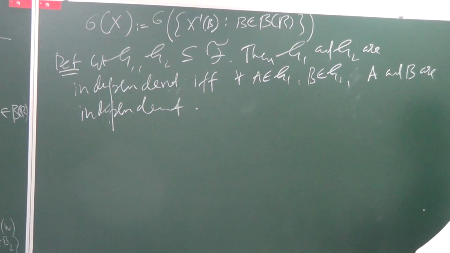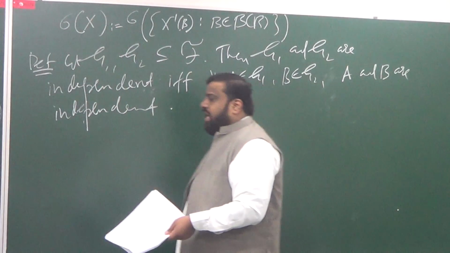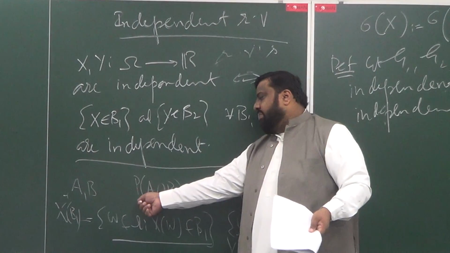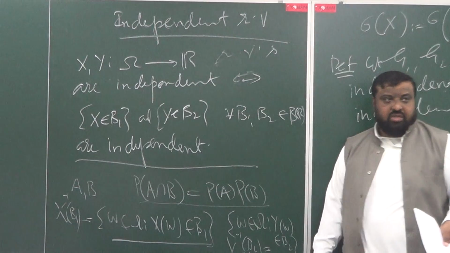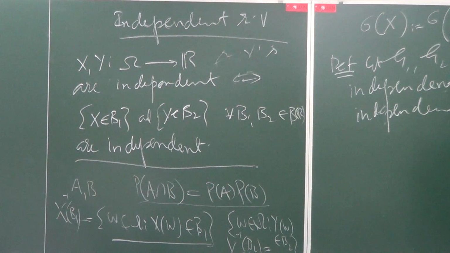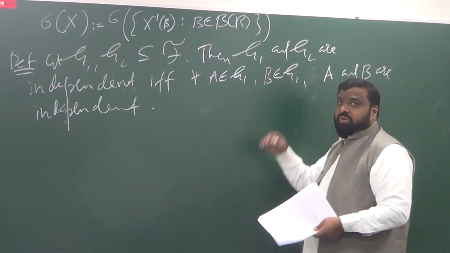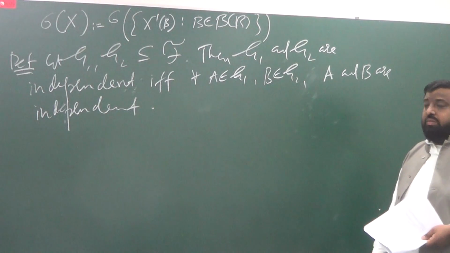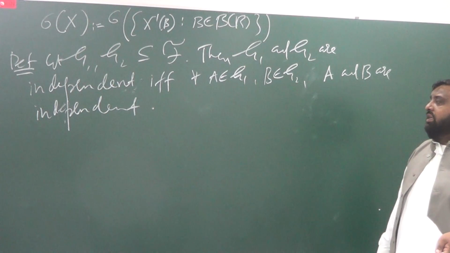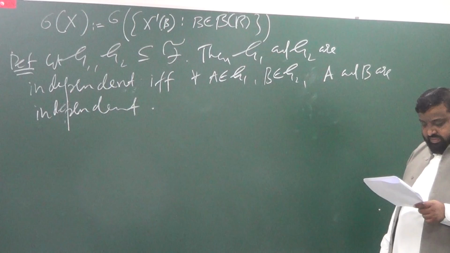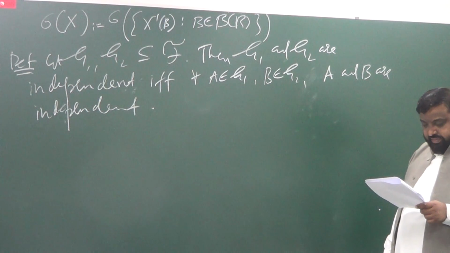So everything again comes down to the same definition of independent sets. Random variables are independent if their inverse images for Borel sets are independent, and sigma fields are independent if any two measurable sets picked from the sigma fields are independent.